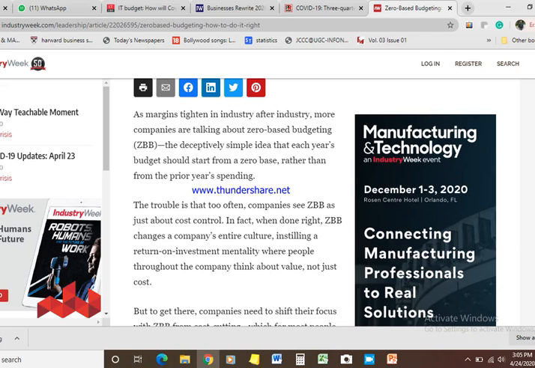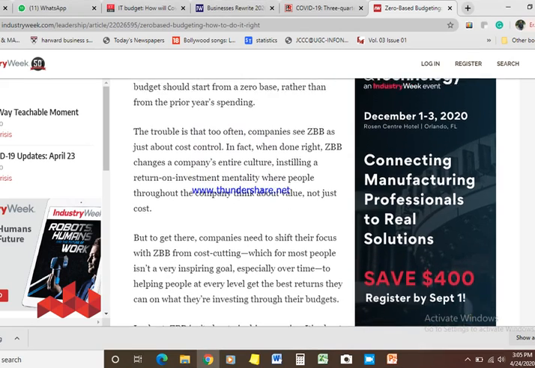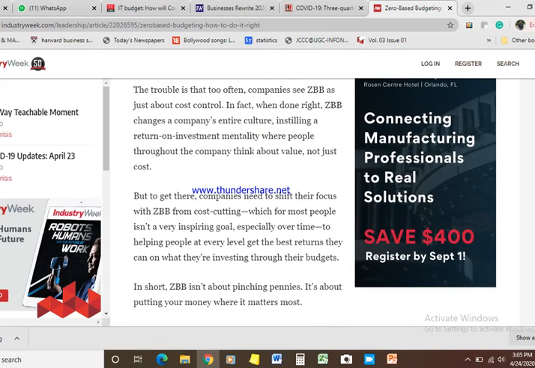Further, it says the trouble is that often companies see zero based budgeting as just about cost control. In fact, when done right, zero based budgeting changes a company's entire culture, instilling a return on investment mentality, where people throughout the company think about value, not just the cost.